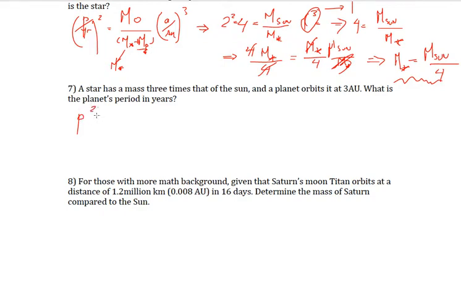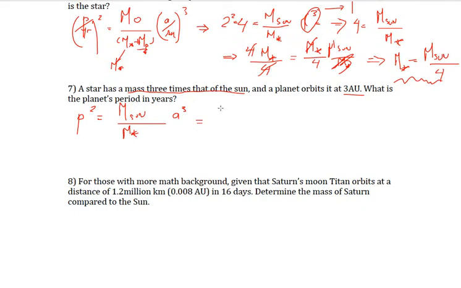P squared equals m sun divided by, remember, m star plus m planet just equals m star, because the planet is such a small fraction of the sun's mass, times a cubed. Now, we know that the mass is 3 times that of the sun, and the planet orbits at 3 astronomical units. Remember, this is in astronomical units, and this is in years.